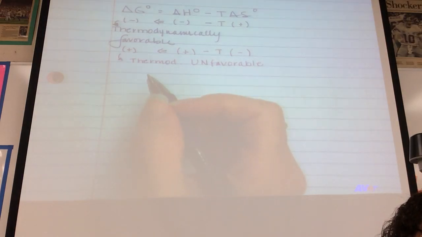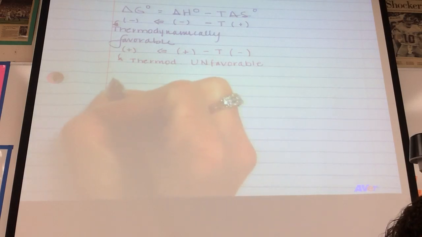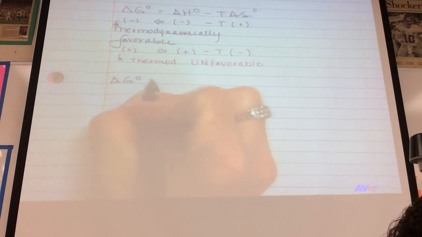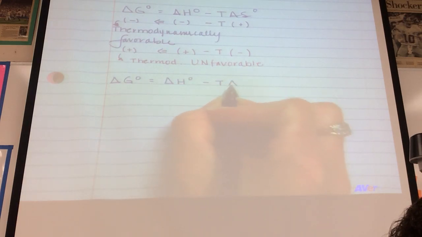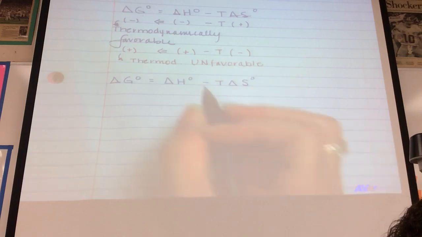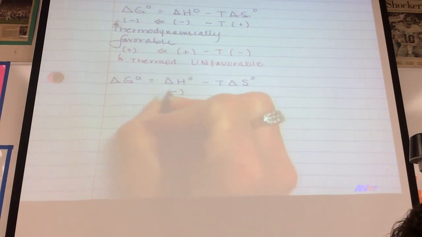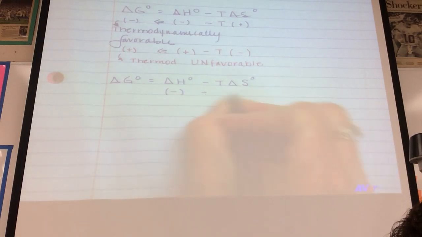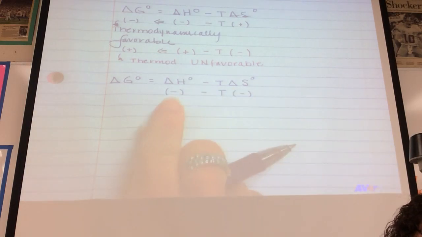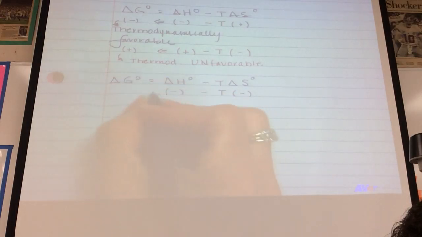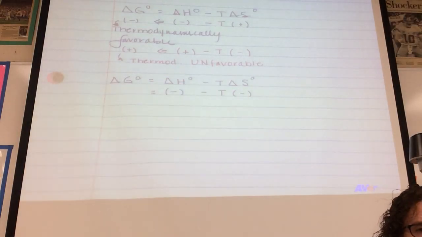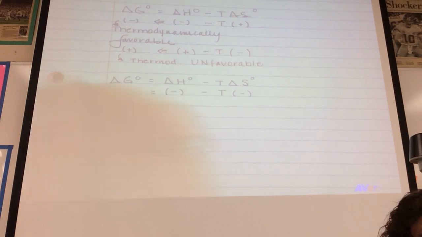The question arises, what happens, and I'm going to rewrite this here so it's a little bit closer. If you have an exothermic reaction that illustrates order, you have a negative minus a negative. If you want thermodynamic favorability, delta G has to be negative.